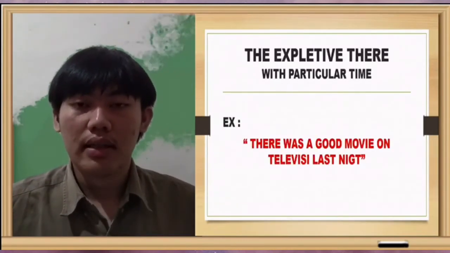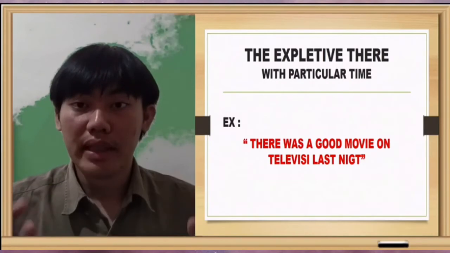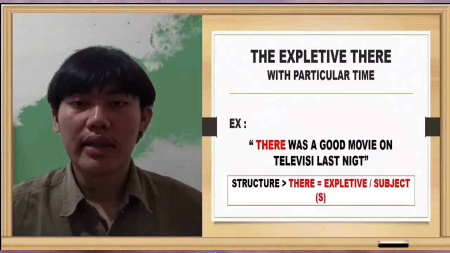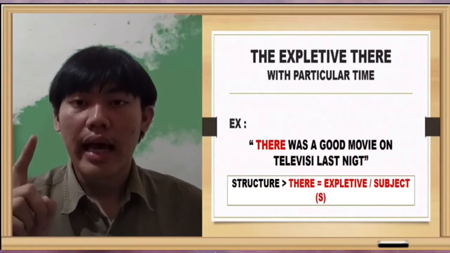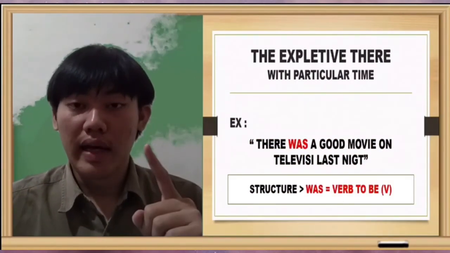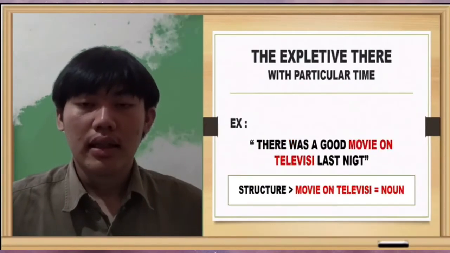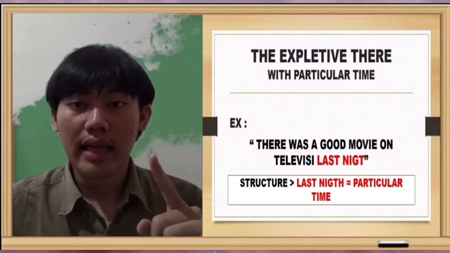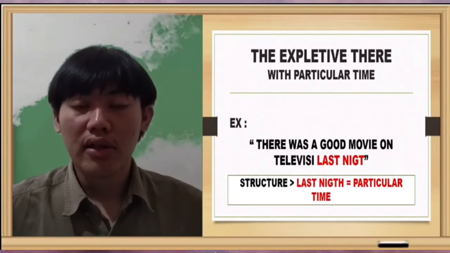For example, there was a good movie on television last night. The structure is there as an expletive or subject, was as a verb to be, movie on television as a noun, and last night as a particular time.